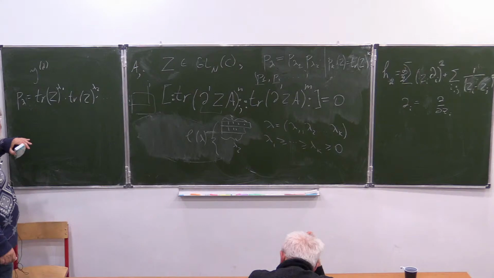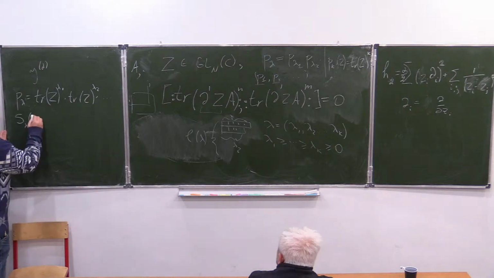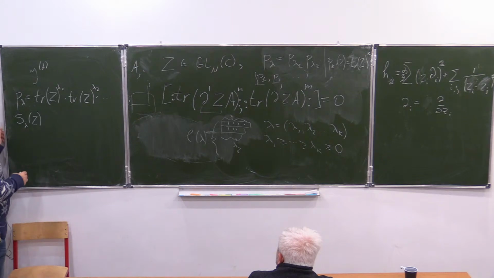And there is another set of variables called Schur functions, very well known, or the characters of the linear group, and they are related to these variables as follows.